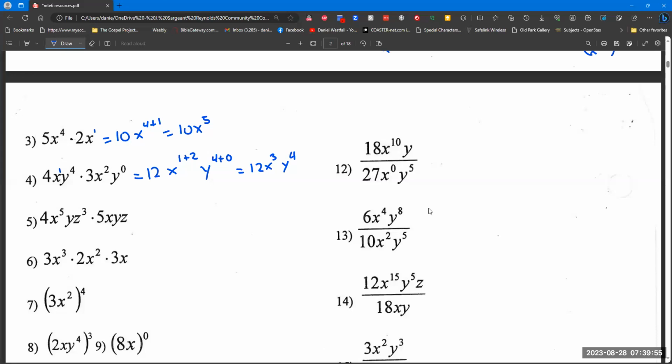Now we have 4 times 5 is 20. X to the 5 plus 1. Y to the 1 plus 1.